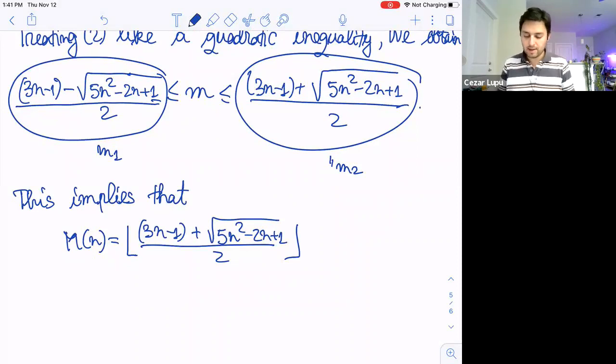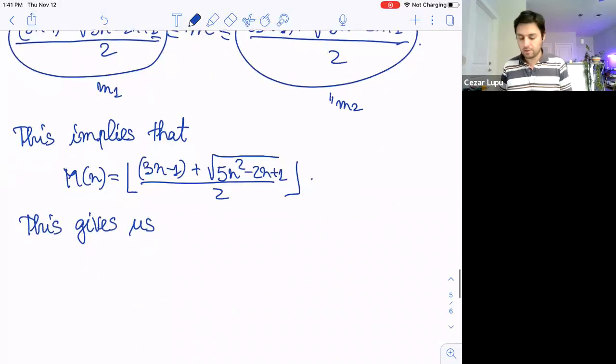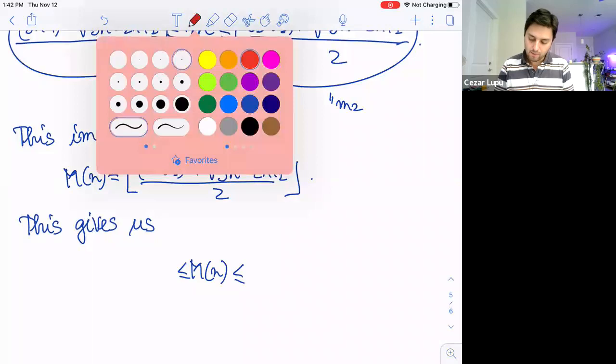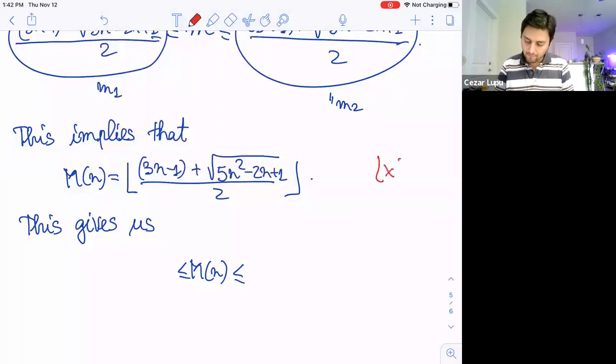So this will give us that m of n is between, and let me mention here, that this guy is less or equal than the number and is greater than x minus 1.